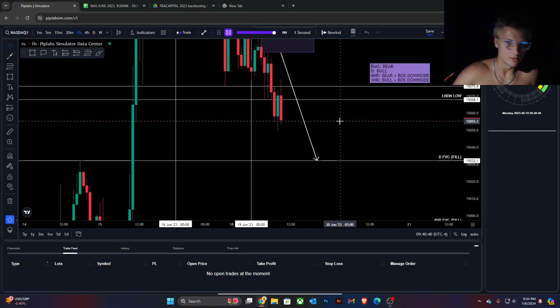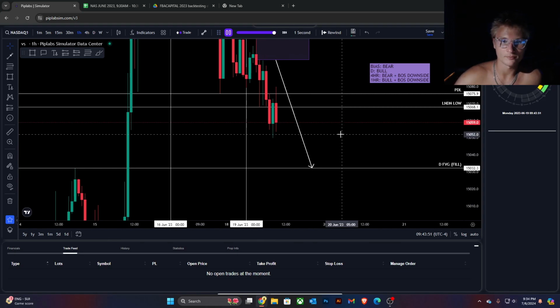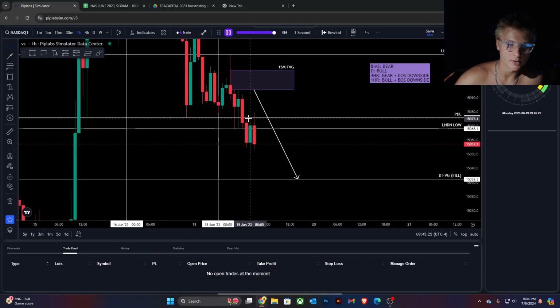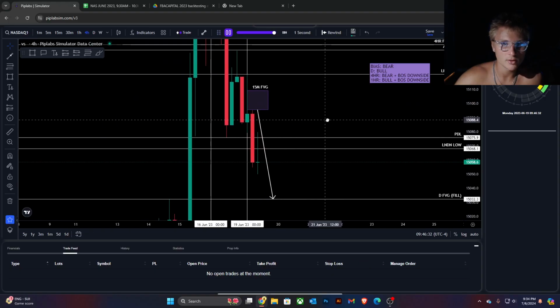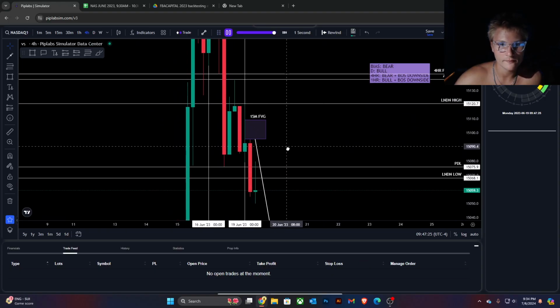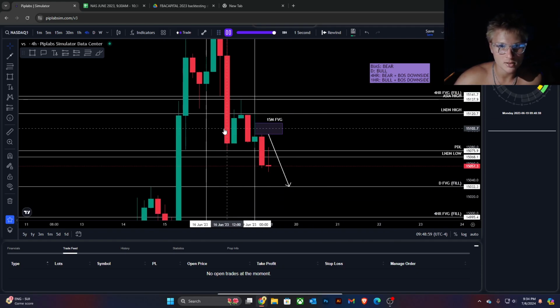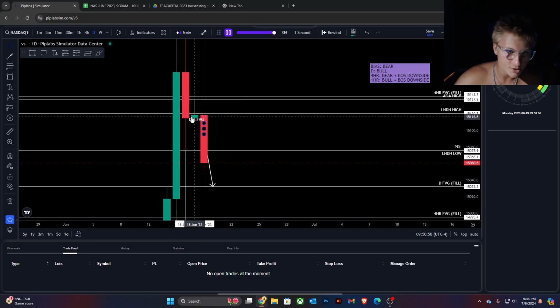And even if we don't have any setups here, the main thing is I want to make sure that I'm getting my bias right. Today is a trickier day for bias due to 4-hour closing bearish like this, breaking structure everywhere, huge displacement to the downside, break a structure again, but the daily closed bullish here.